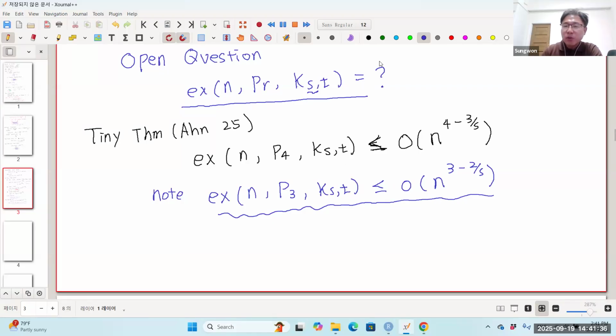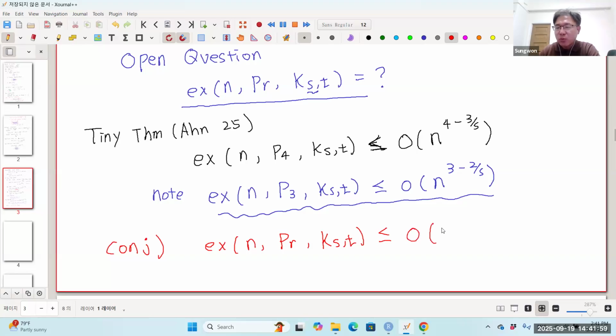And the conjecture that I have is that you see the pattern. So the extremal number of P_R, the number of paths P_R, when K_S,T is forbidden is less than or equal to the order of N to the R minus 1 over S. That's my conjecture.